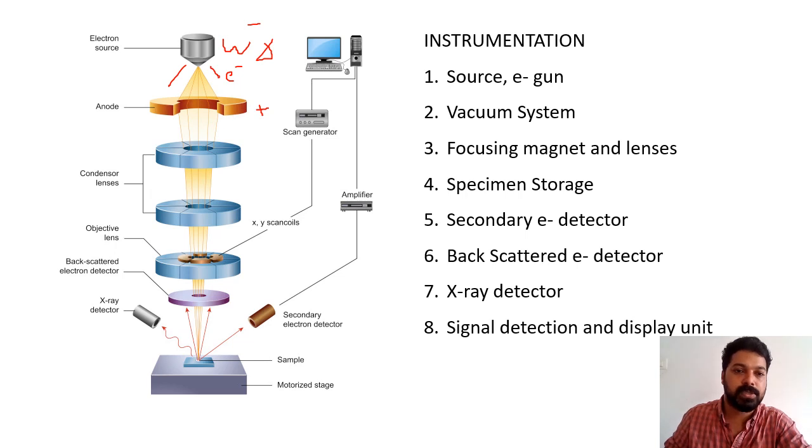The electrons coming from this source are the primary beam of electrons. These electrons can be confined to one direction.